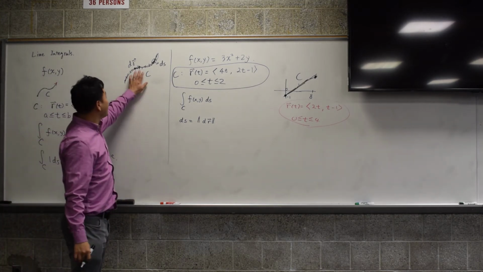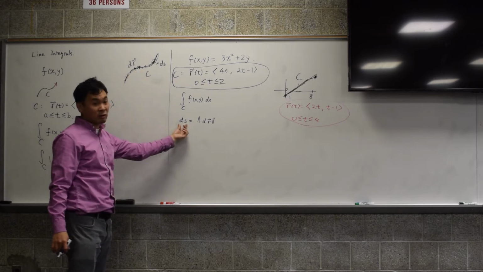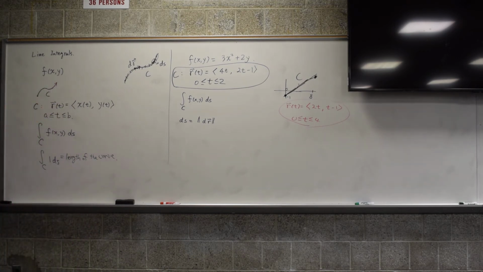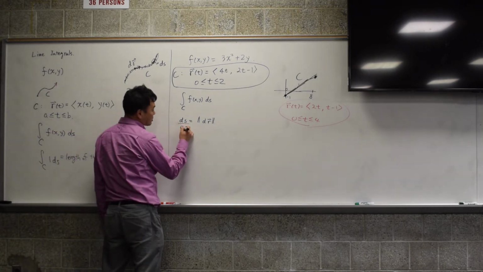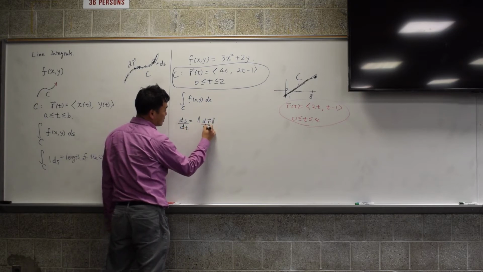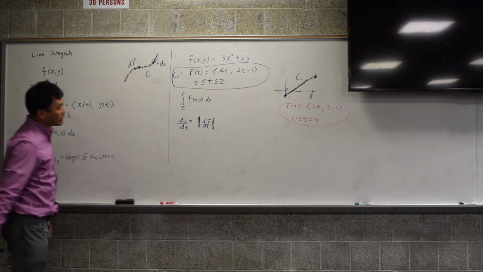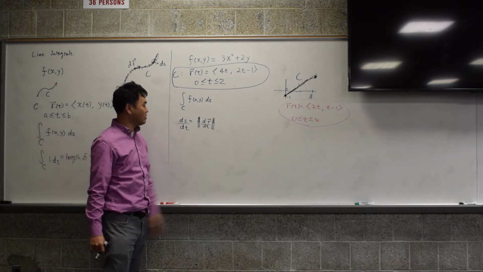And if you take the size of that vector, the length of this vector is what we call the small length element, right? So that's the relationship between the two. And then if we divide both sides by dt, we get the following identity, that ds/dt is the norm of dr/dt.